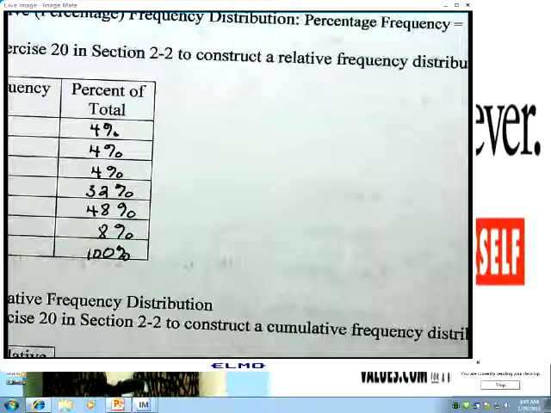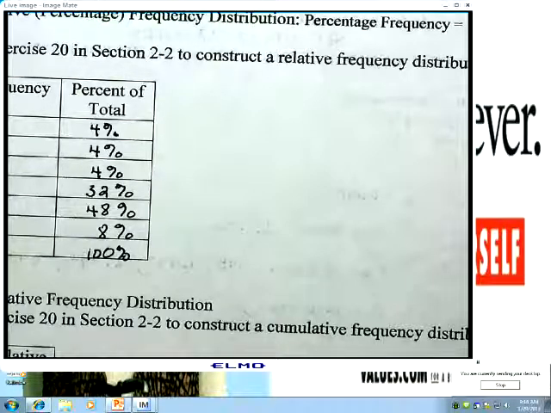It's going to look just like the other histogram, but rather than having the frequencies up the vertical axis, it will have the relative frequency or the percents. So the top bar would need to go up to the highest percent, 48%. If your vertical axis was just labeled, say, 0 to 50%, that would be good enough.